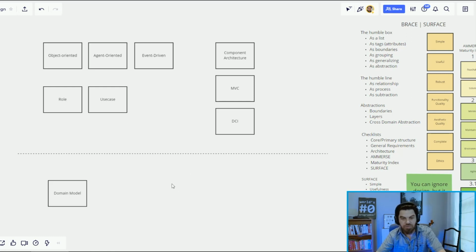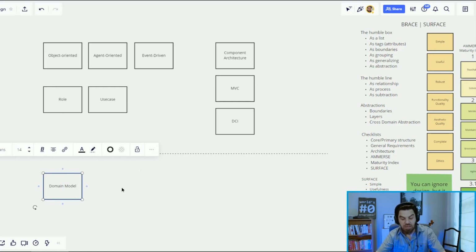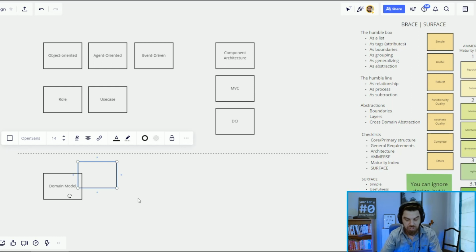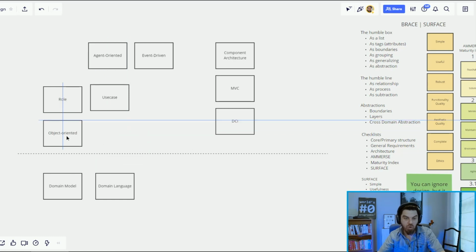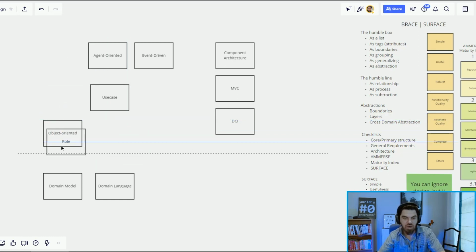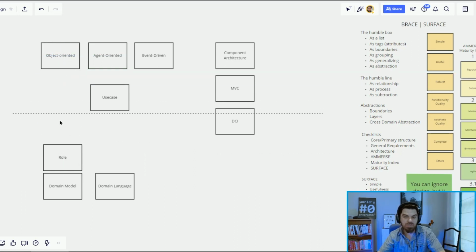But there are differences. The domain model and what we're doing with the domain and the domain language is really important. And how we reason about use cases, we might get from this side of the fence and use it. Object-oriented might be this side of the fence. Role is trying to bridge the gap between these two systems or ways of thinking.